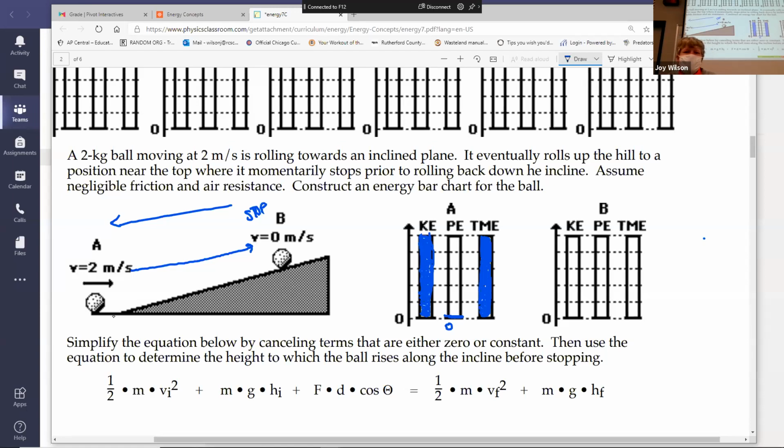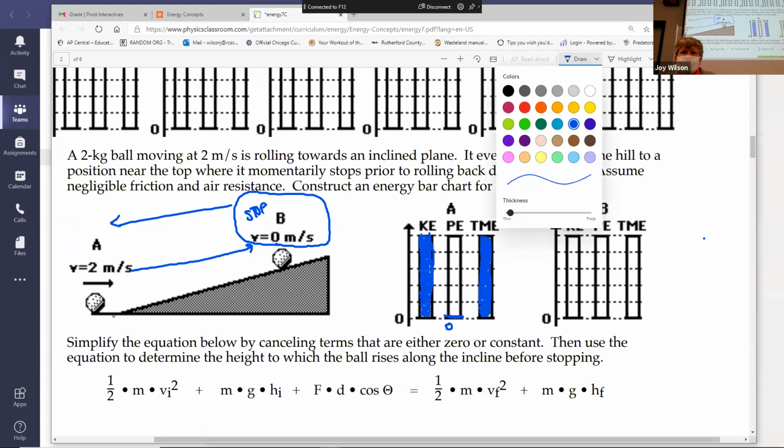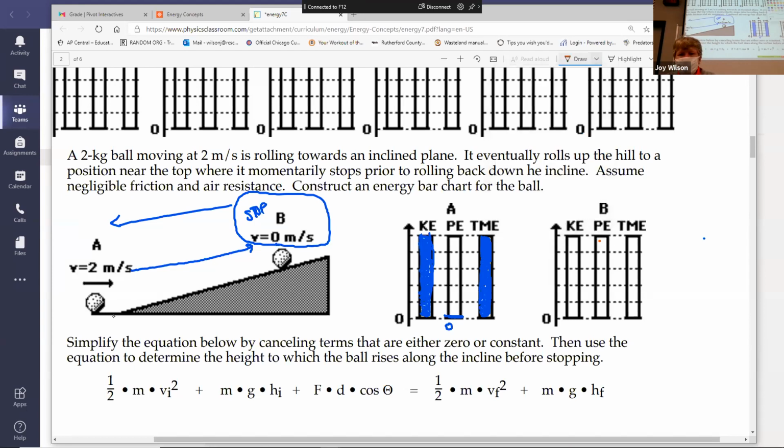Now, what happens when we get to point B? 0 kinetic energy because we have no speed. We're not moving. So now I'm going to switch over, since we're Blackman, we'll go with orange. Now we have all potential.